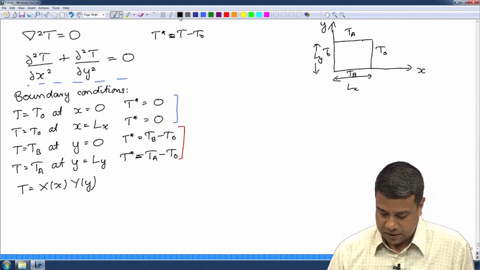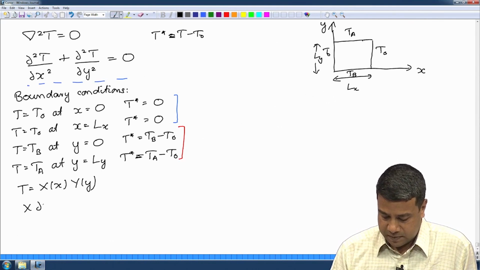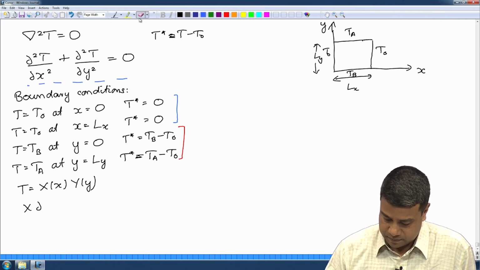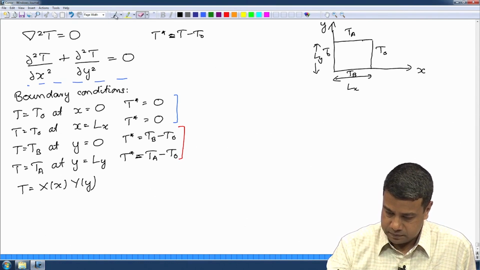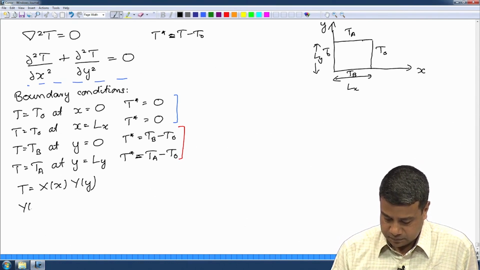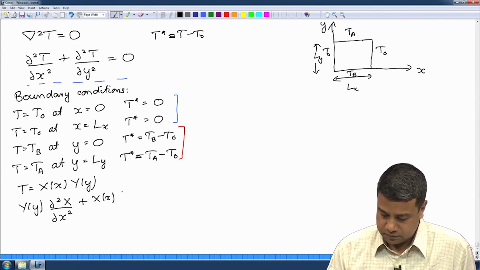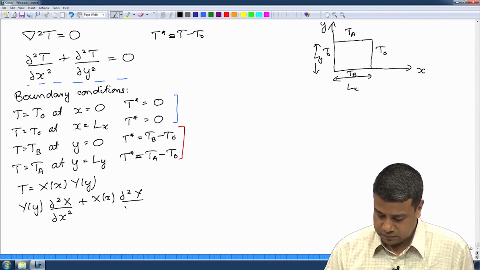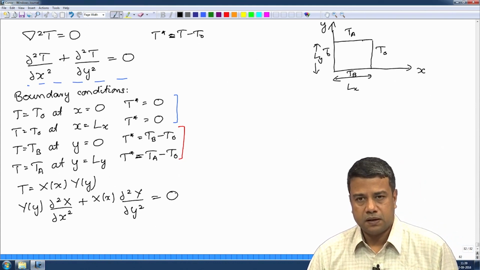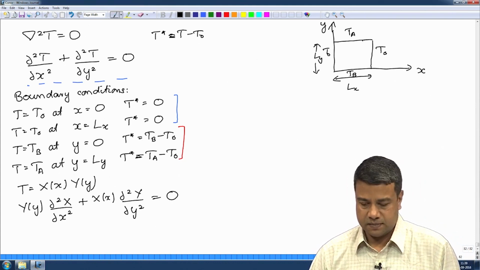So, I will get X times partials equals 0, and I divide throughout by X times Y.